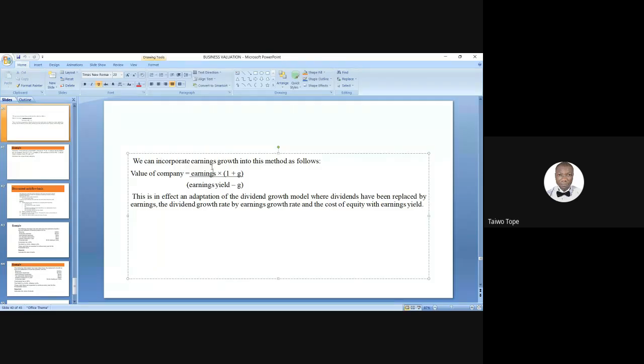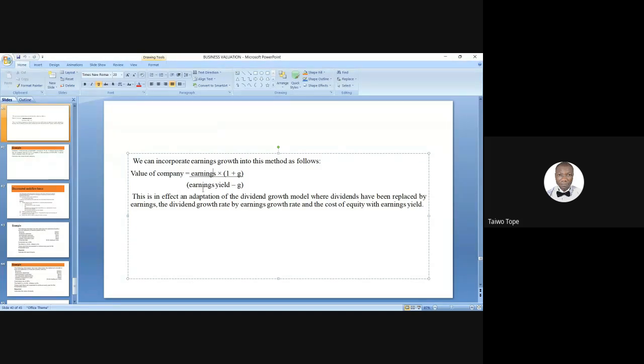So the formula is current dividend divided by cost of equity. But growth will also always set in terms of dividend. And where growth sets in, the formula will be dividend multiplied by the bracket 1 plus growth rate, divided by your cost of equity minus growth rate.